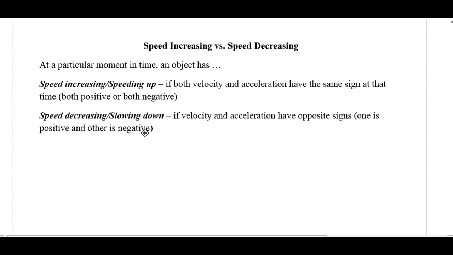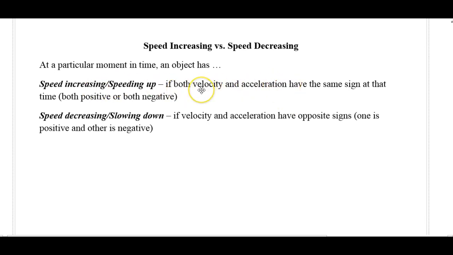To think about this, I always talk about driving a car and stepping on the gas in a forward motion. If velocity is positive, meaning you're moving forward, and you accelerate by stepping on the gas, then velocity and acceleration have the same sign, so you're speeding up.